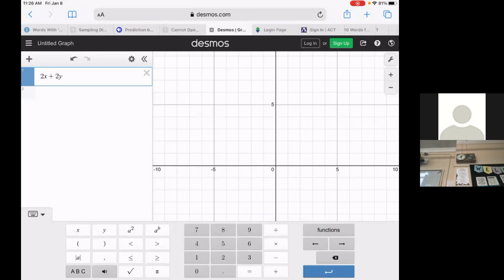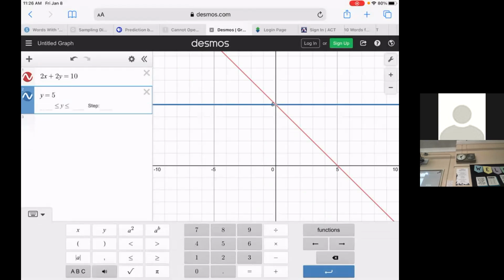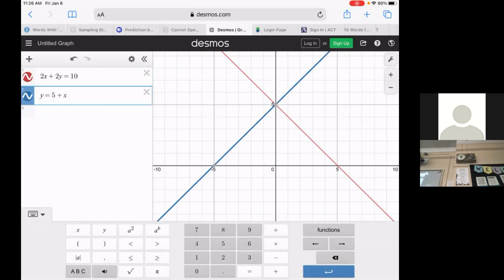plus 2y equals 10. So if we graph that, there would be that graph. What was the other one? We're going to add to that another expression, y equals 5 plus x. Now, what we talked about last time, the solution of a system of equations is where the two lines intersect. Where did they intersect? Here is 0, here is 5.